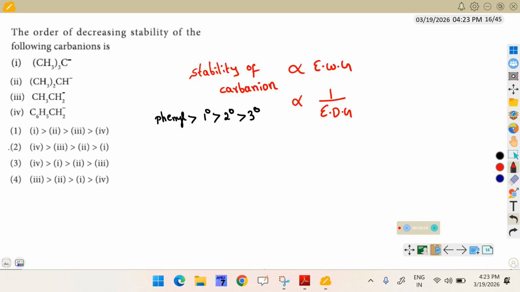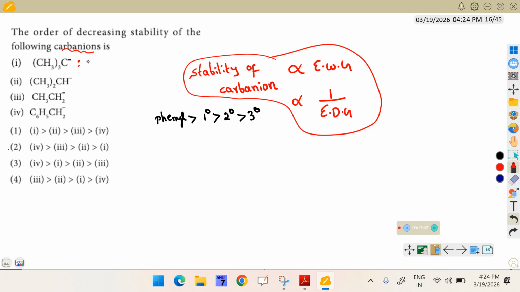The order of decreasing stability of the following carbanions. Stability of a carbanion is directly proportional to electron withdrawing groups, and inversely proportional to electron donating groups. Here this carbanion is a 3 degree carbanion, this is a 2 degree carbanion, this is a 1 degree carbanion, and this is a phenyl carbanion.